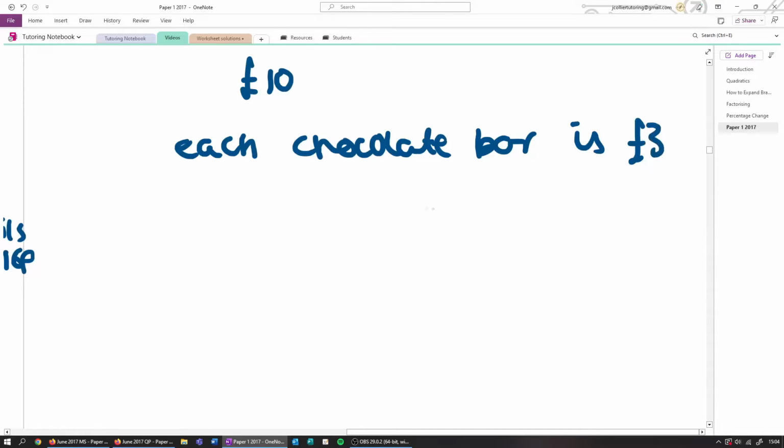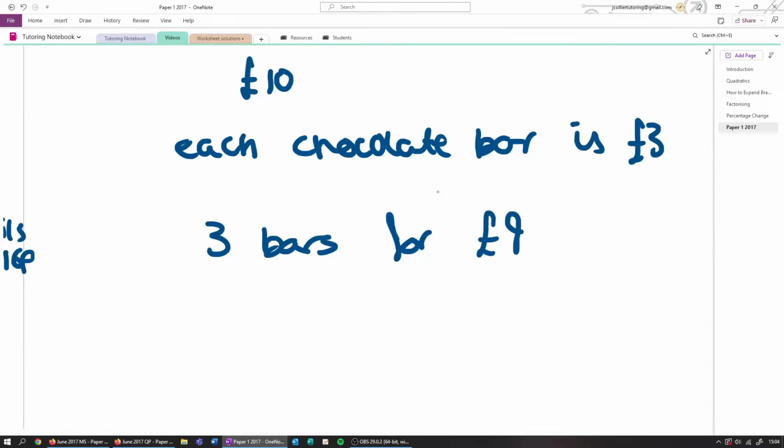How many could you buy? I purposefully chose 10 because it's not a multiple of 3. Here we could buy 3 bars for £9, and we would have that £1 left. We can't do anything with that, unfortunately, but that is what this is working with. It is how many times can I buy something before I run out of money.